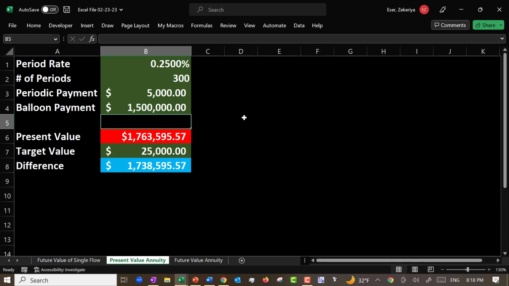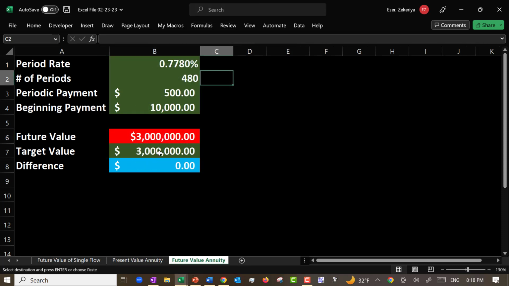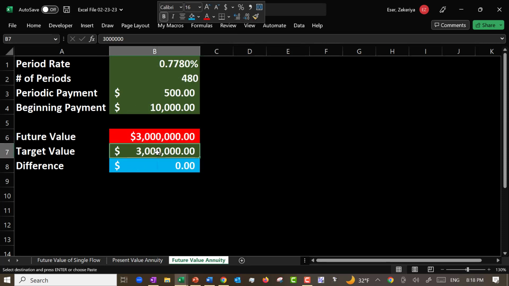Now I'm going to ask myself the question, how much do I need to save a month to have that money in my account after 40 years? That's not my target value for future. So I'm going to copy that number. Right click, paste the values.